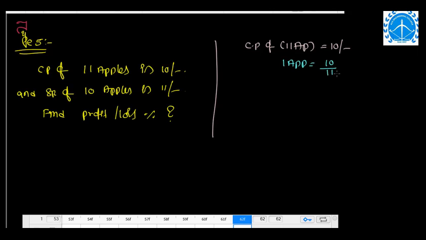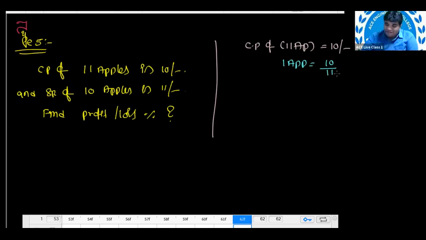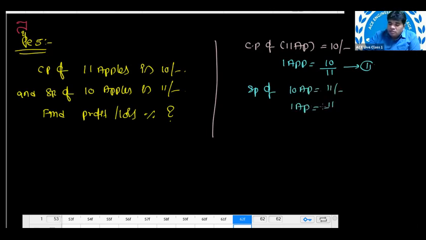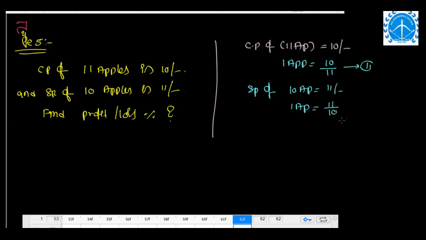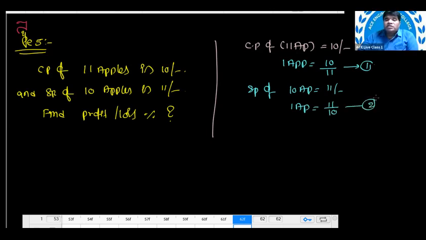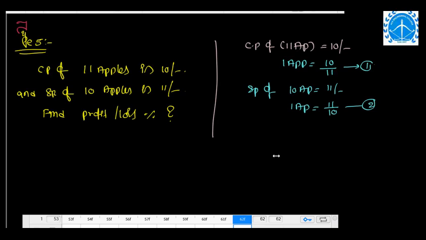The selling price of 10 apples is 11 rupees, so the selling price of one apple is 11 by 10. So first equation, second equation: cost price 10 by 11, selling price 11 by 10. Which is the biggest? Selling price is the biggest, sir.